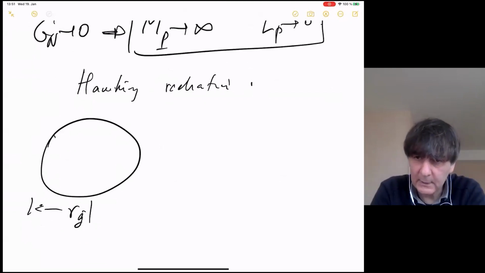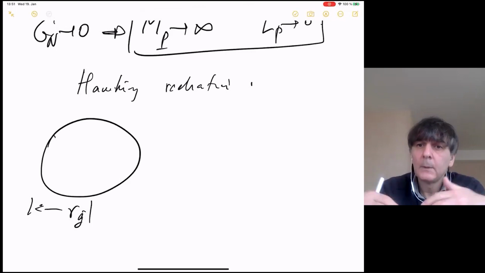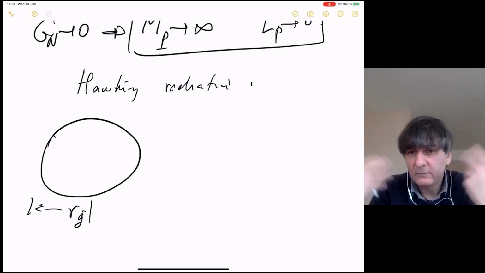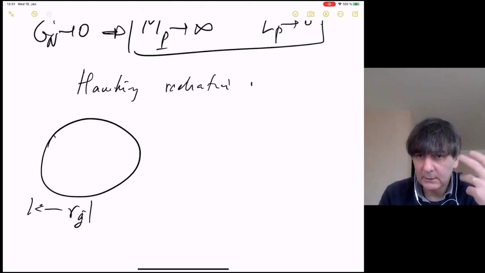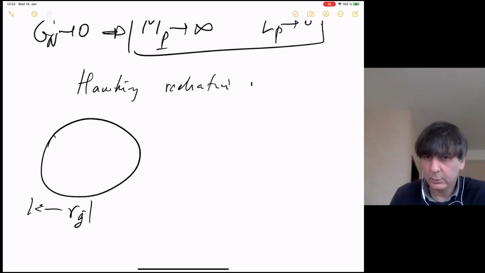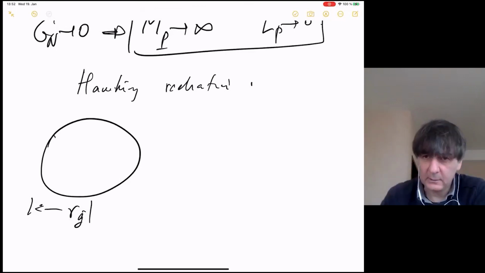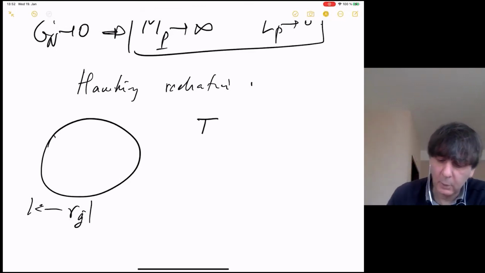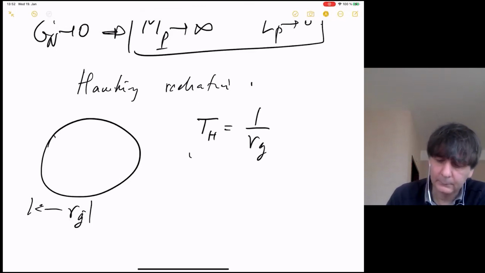And so what happens is that there is a production of particles, which has some very interesting properties. The production is such that the spectrum produced is thermal, and therefore it's featureless. So there is a Hawking temperature, which is given by the inverse size of a black hole.